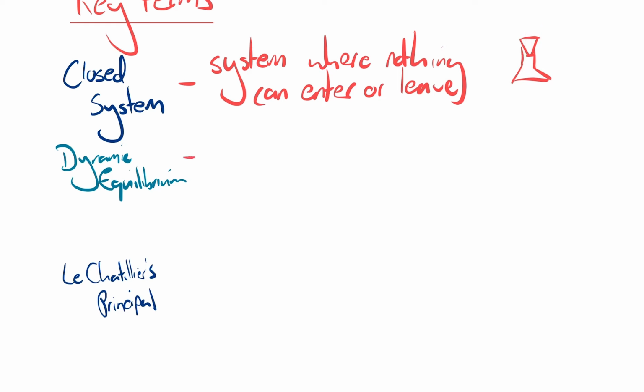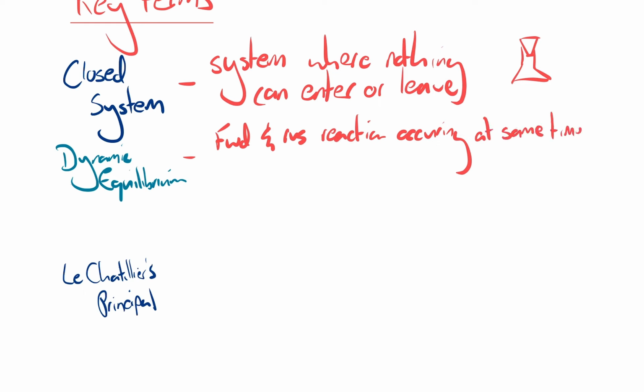So a dynamic equilibrium, next term, is where we have a forward and reverse reaction occurring at the same time and pace. And rates.